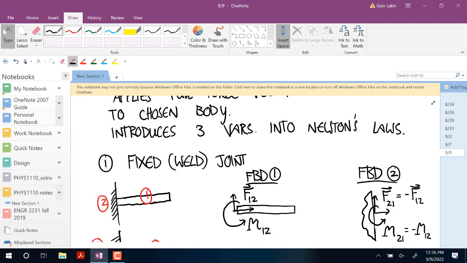So I said there's a connection between the number of degrees of freedom that a joint can restrict and the number of Newton's laws that are available, right? There's 3 of each in 2 dimensions.